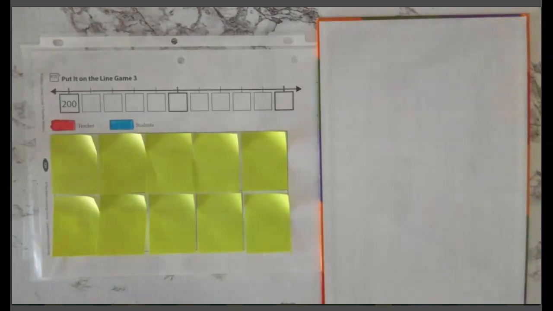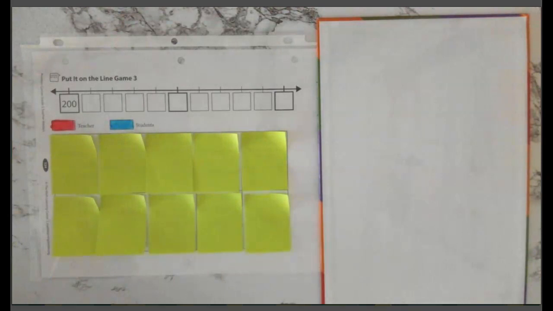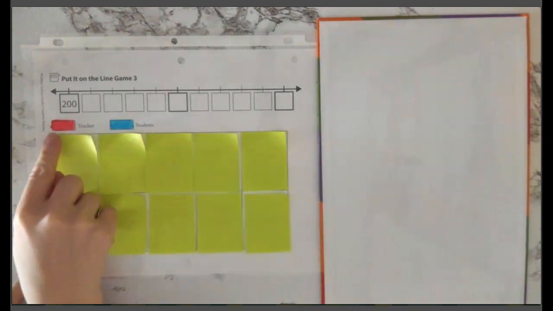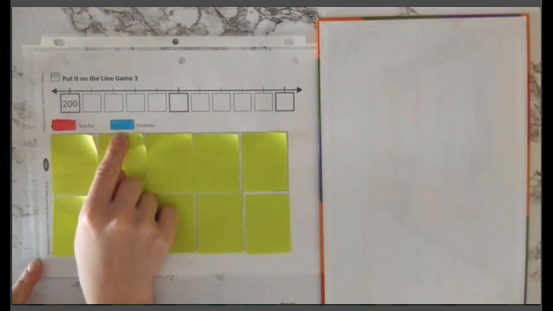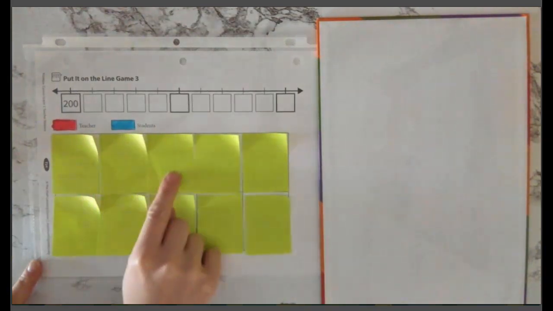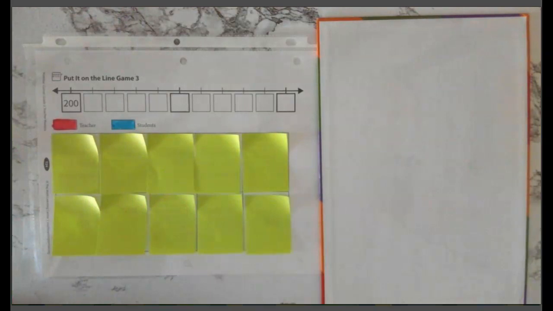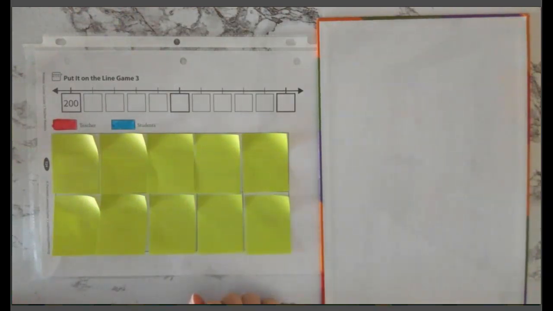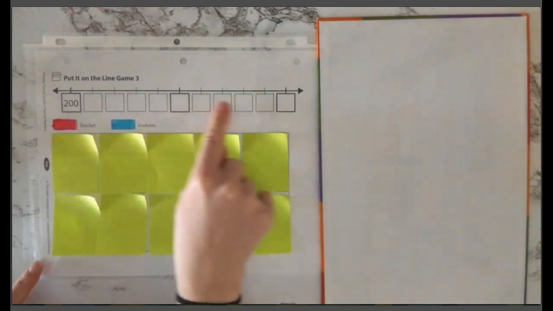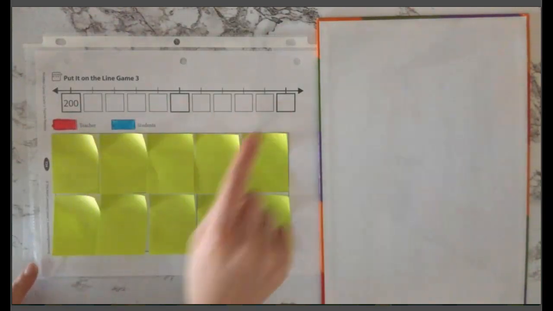Now that you have everything you need, let's get started with our last game of Put It on the Line. For our game, remember, I will be red as the teacher and you will be blue. We will take turns pulling Post-its off of our problems to solve them on our whiteboards. When we find the answer, we will put that answer on our number line.